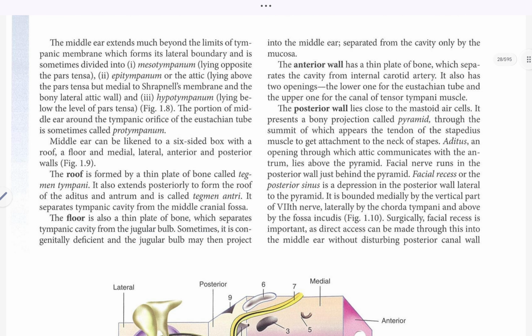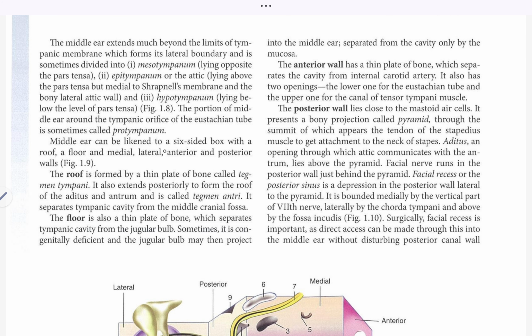The middle ear extends much beyond the limits of the tympanic membrane, which forms its lateral boundary, and is sometimes divided into mesotympanum lying opposite the pars tensa, epitympanum or attic lying above the pars tensa but medial to Shrapnell's membrane and the bony lateral attic wall, and the hypotympanum lying below the level of pars tensa. The portion of the middle ear around the tympanic orifice of the eustachian tube is sometimes called the protympanum.